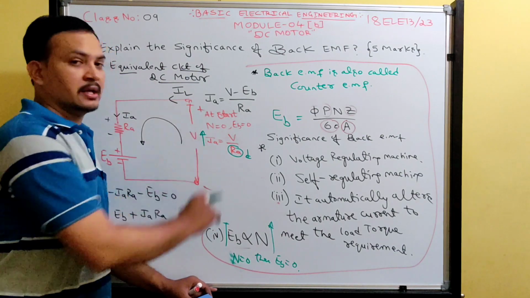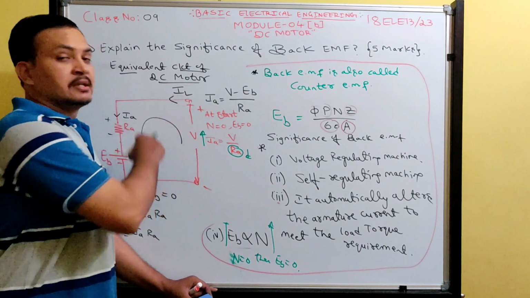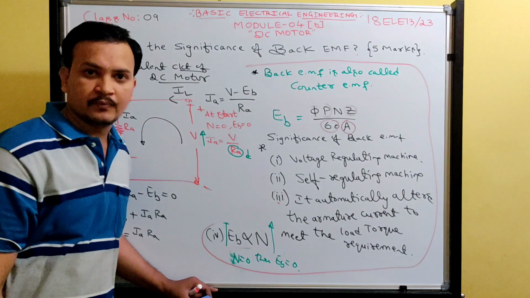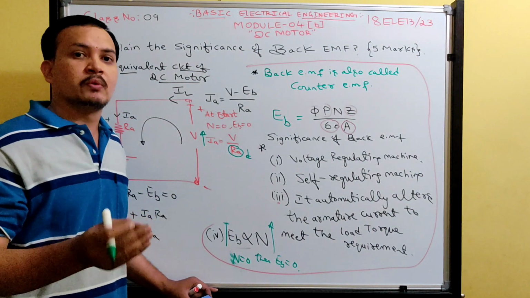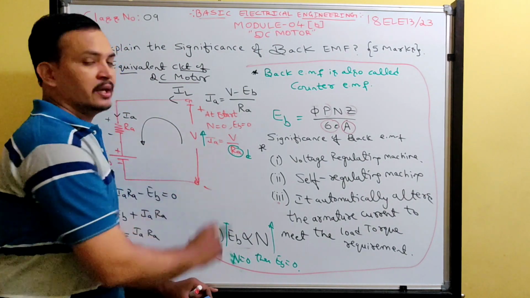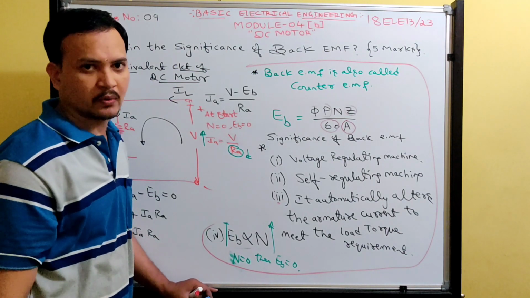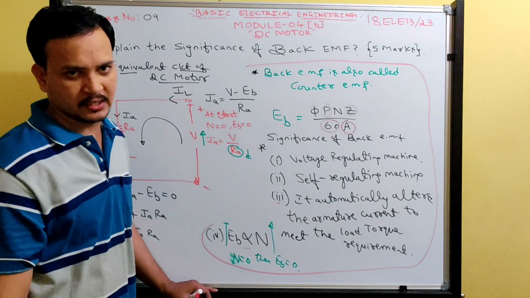This excess current can be limited by adding external resistance in series with the armature. That external resistance is going to limit this current. So in order to limit this current, we use starters, 2-point starters, 3-point starters.